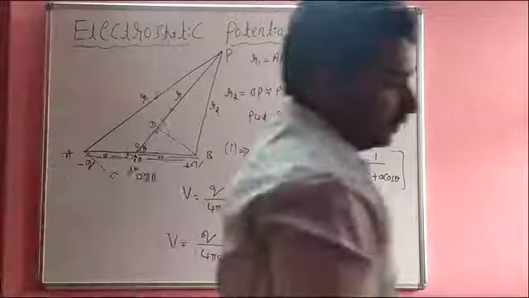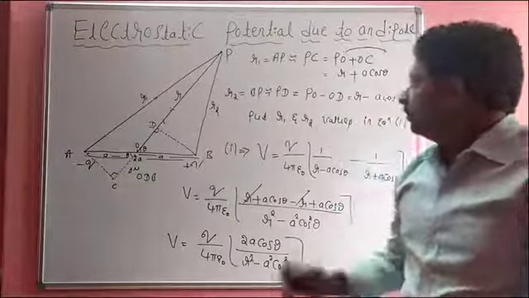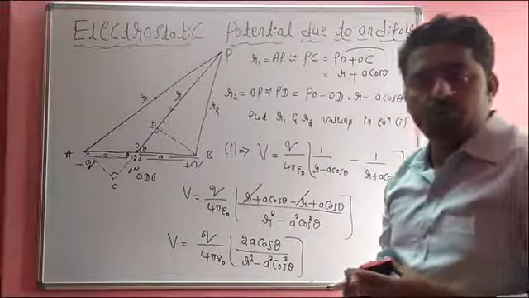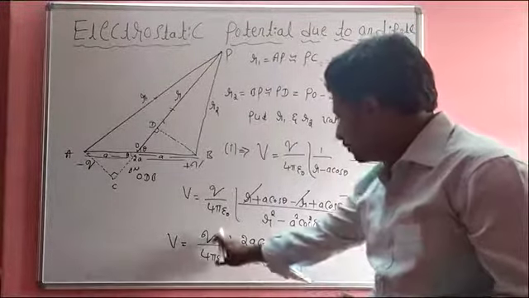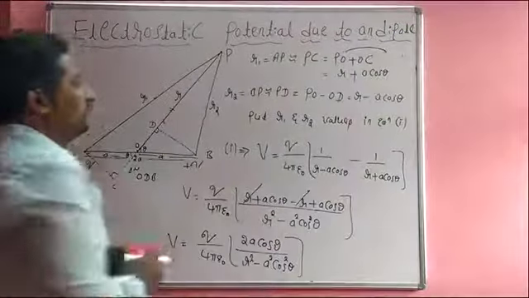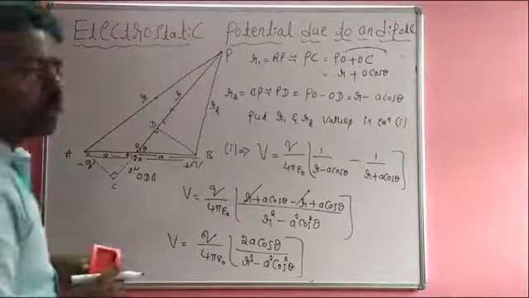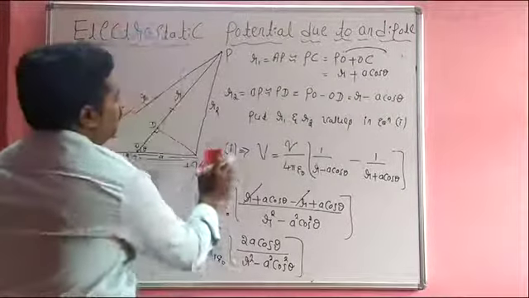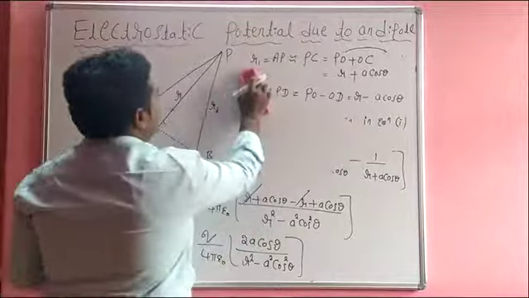So we know that the electric dipole moment is equal to Q times 2A. Instead of Q times 2A, I put P. Okay, so make the notes, dear students. Next step.